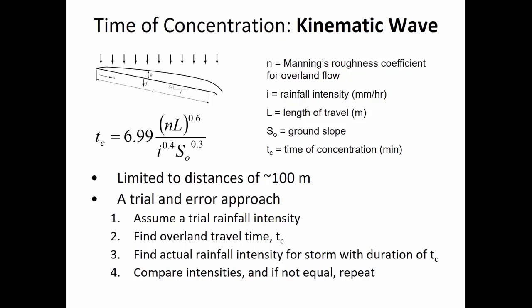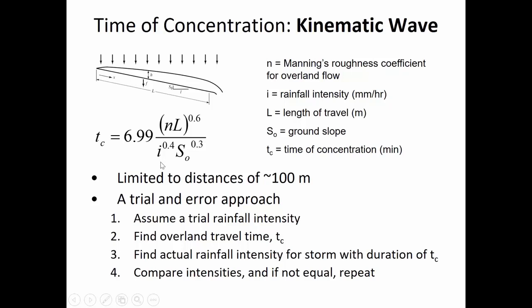All right. Now, what makes this a little bit unique is that you have to know the time of concentration in order to get the rainfall intensity, but you need the rainfall intensity in order to get the time of concentration. And so it's called a trial and error approach. It's iterative because you don't know the T sub C until you know the I and vice versa.